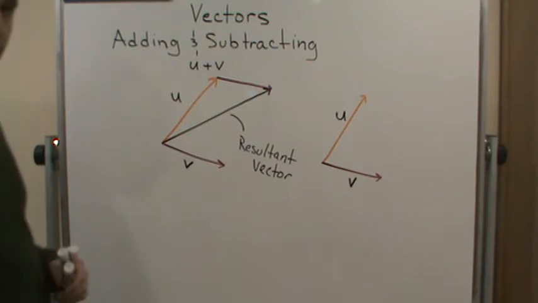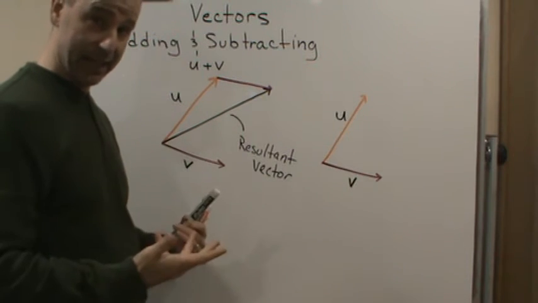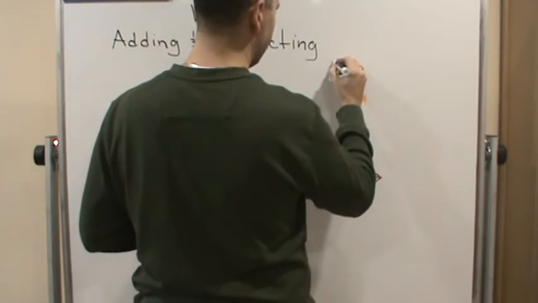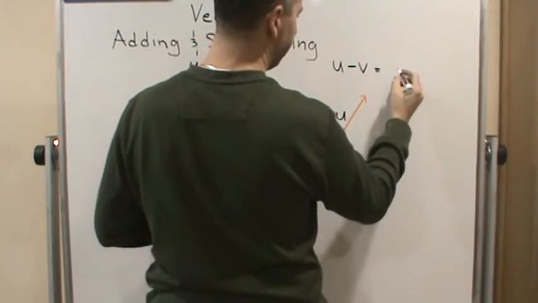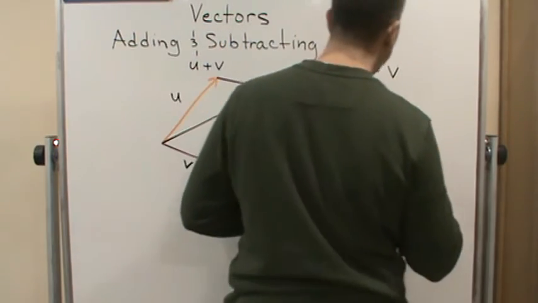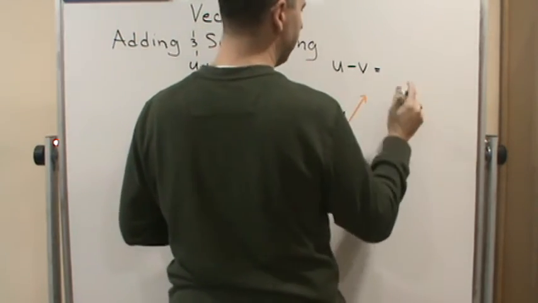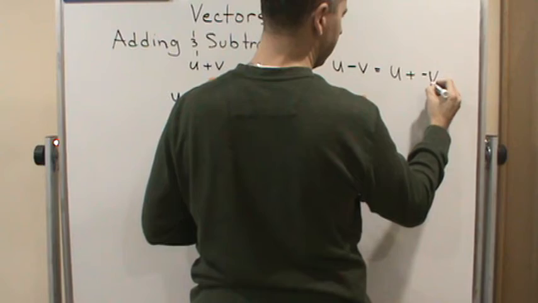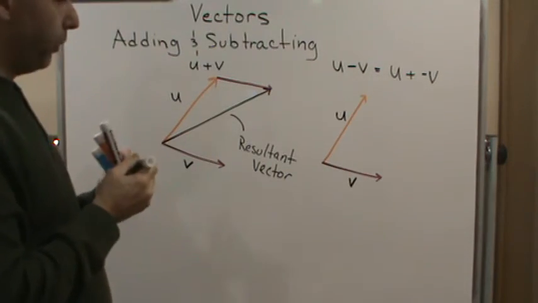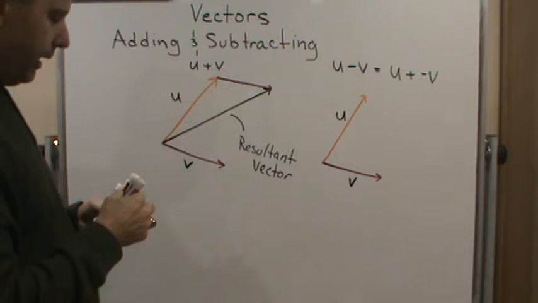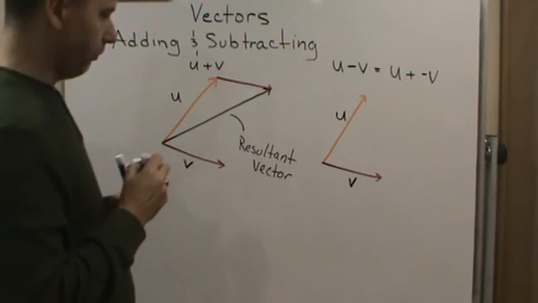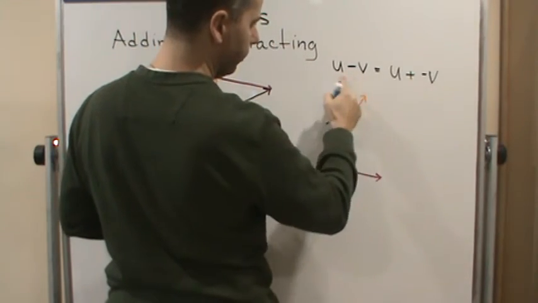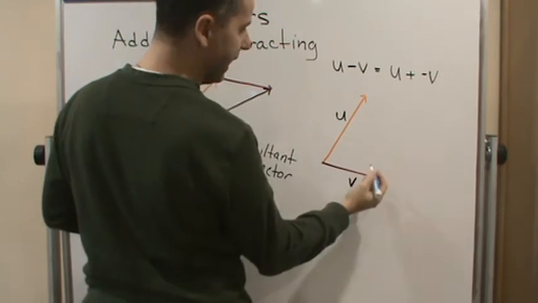Now what about subtracting? Now subtracting is similar to adding, because you could call it adding a negative vector, right? So you could say, if I wanted u minus v, that would be the same as saying u plus negative v. Which means what we would do is we would have the opposite, right? So instead of v, we would take the negative of the vector.